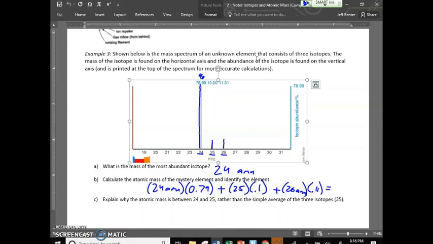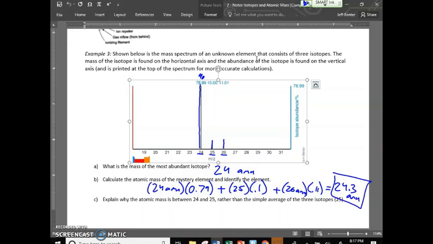We're going to add those all together. Right now I can tell you that's going to be between 24 and 26 and closer to 24. So let's see what we get. I got 24.3 AMUs.